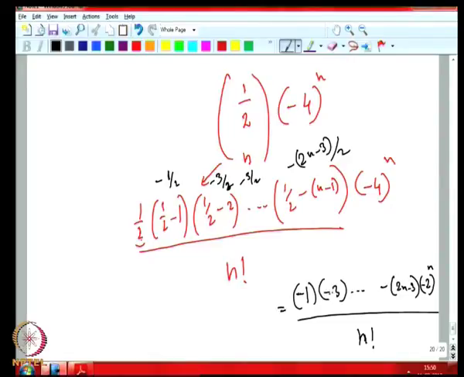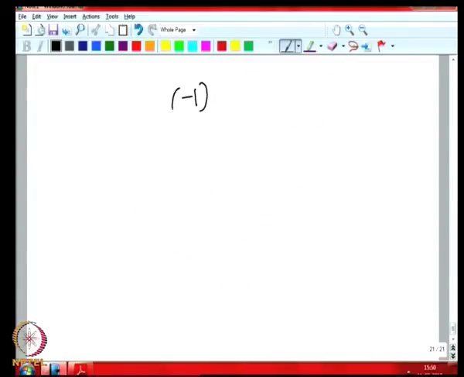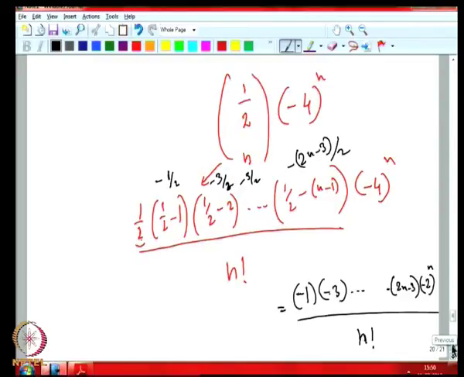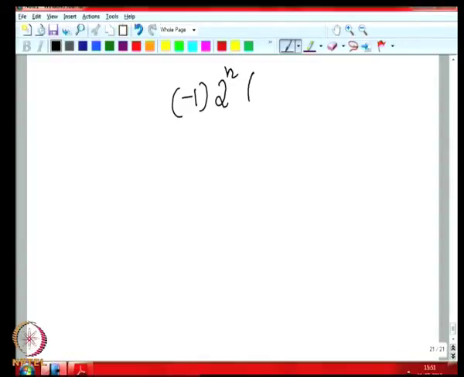So everywhere we have minuses along with everything, that is there are n minus 1 minus signs. They can be collected and we can multiply with minus 1 raised to n here. That will cancel off n minus 1 minus 1s and just 1 minus 1 sign will remain. Minus 1 into, we will have a 2 to the power n here, and then this goes 1 to 3 up to 2n minus 3, and we have n factorial below.